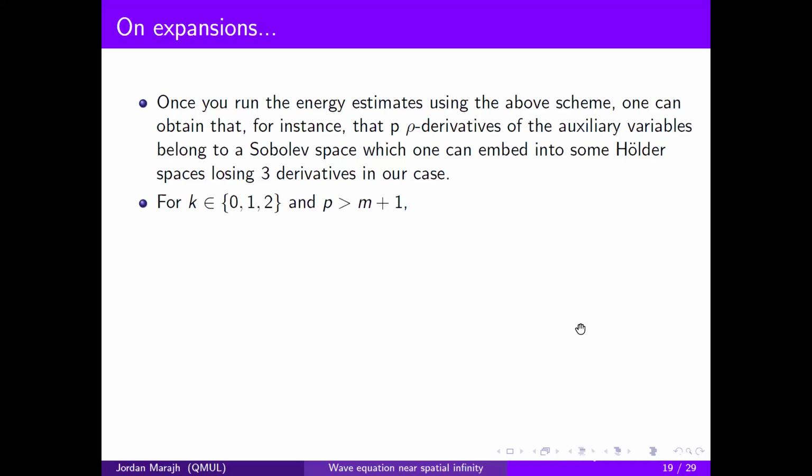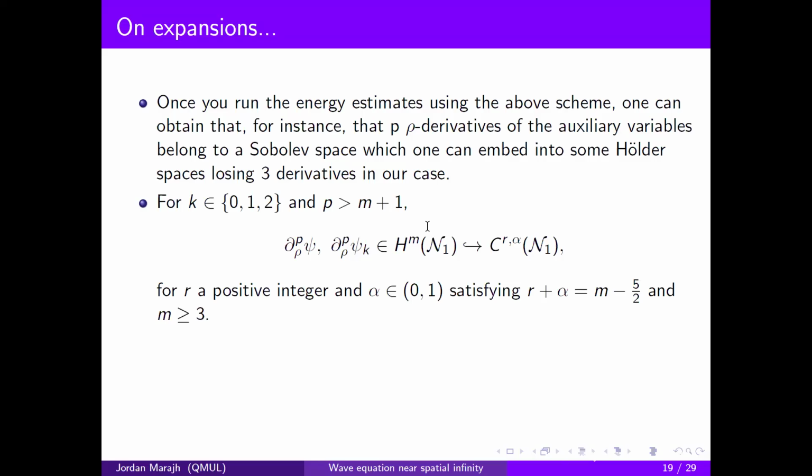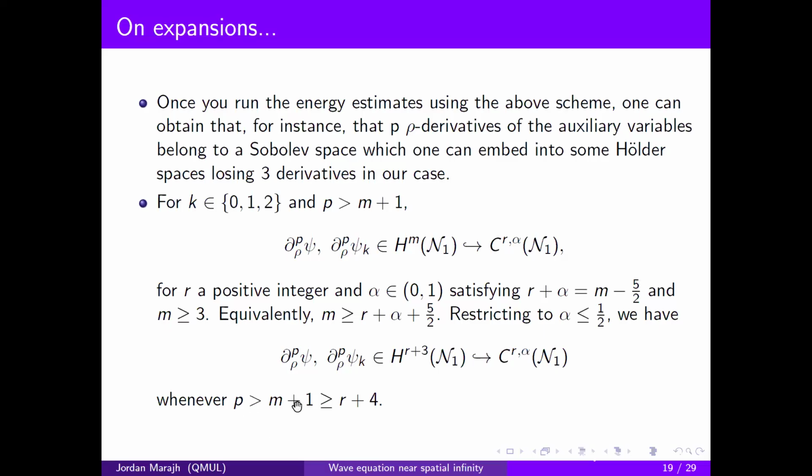So what that looks like is that for any of the auxiliary variables, you actually need to restrict the choice of your P to be greater than the M, the expansion order that you want, plus 1. That just guarantees good sign in the estimates. And in particular, that just means that, okay, if I want these components to lie in a sufficiently high regularity Sobolev space and then embed, you just have some technical restrictions on the P or the M in terms of R. So that's all that's going on here.